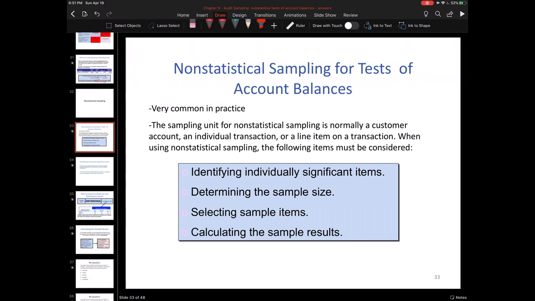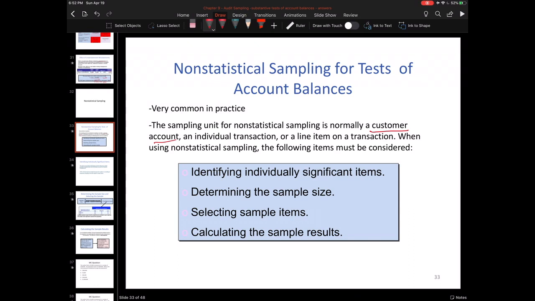That's relatively rare when compared to the amount of non-statistical sampling that we do in practice. And in non-statistical sampling, the sampling units generally consist of an actual customer account or individual line item or balance.